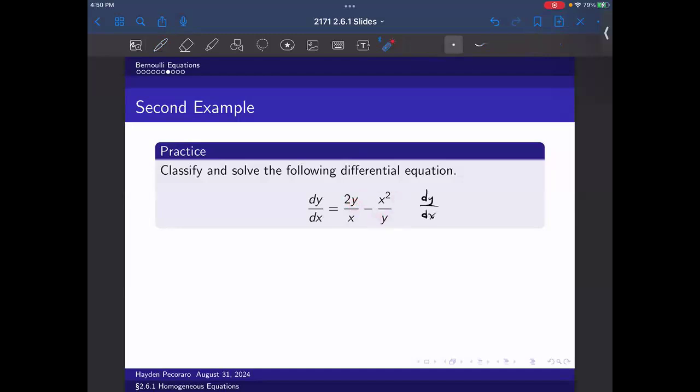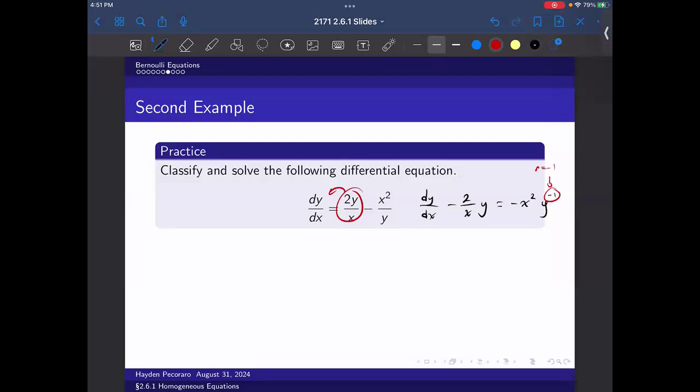Anything else is the stuff that goes on the other side of the equality. So let's bring this over here. We have -2 over x times y. When I'm writing things in standard form, I always want to separate the y part off there. And this is equal to minus x squared and then y to the -1. And that's how I find my value of r. Okay, so there's r. It's -1.